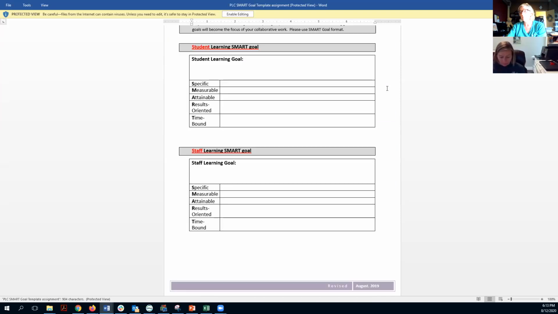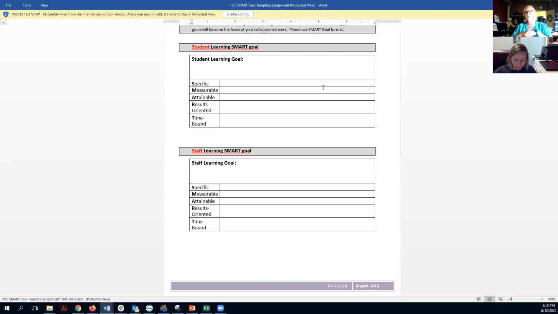Then step number 4. So remember, we're going to write 2 goals. One is going to be for a student and the other one is going to be either for yourself or a member of your professional learning community. So SMART stands for 5 things. A good SMART goal must be specific, it must be measurable, it must be attainable, it has to be results oriented, and it has to be time bound.